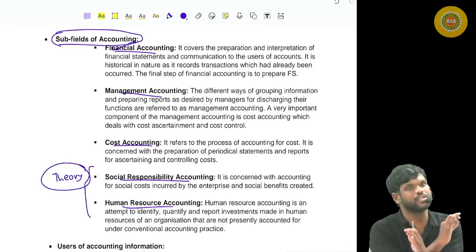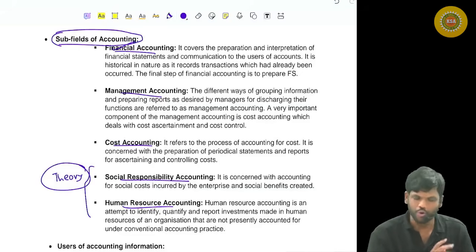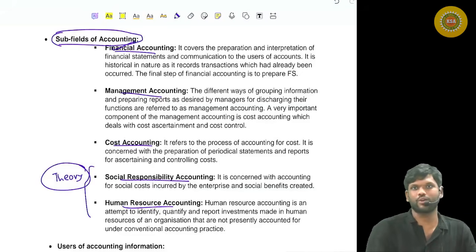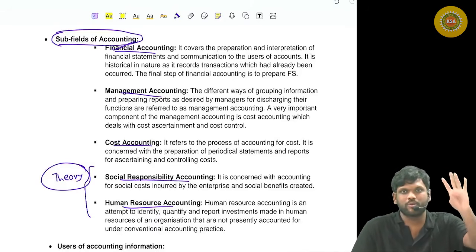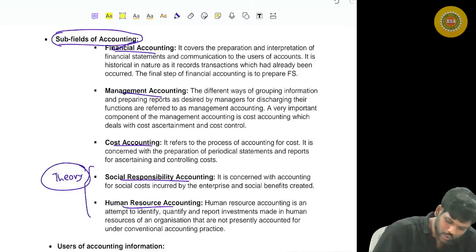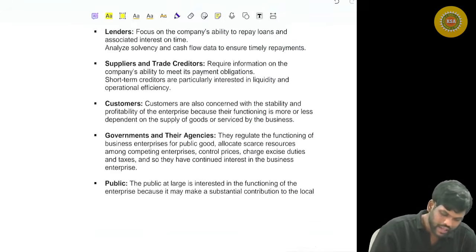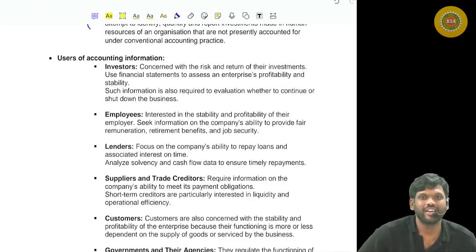Even this is not yet in practice, it is only a theory point that you have to know for the exam perspective. So these are the subfields of accounting: financial accounting, cost accounting, management accounting, social responsibility accounting, and human resource accounting. Next we have who are all the users of accounting information.